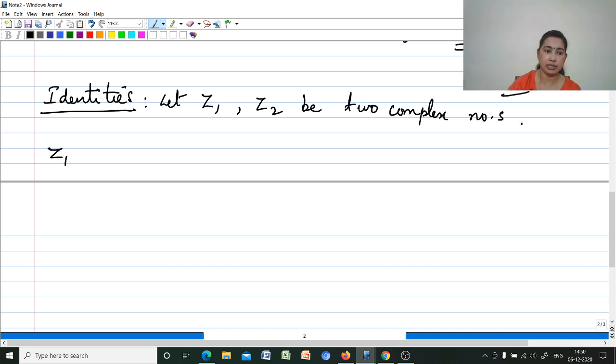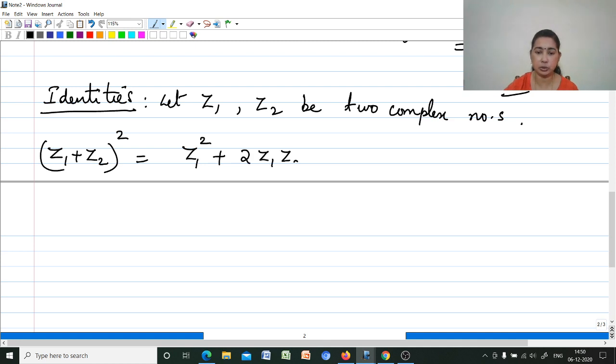Then, what is Z1 plus Z2, whole square? According to our expansion, it is Z1 square plus 2 times Z1 into Z2 plus Z2 square. It is the same identity as before; the only condition is that Z1 and Z2 are complex numbers.